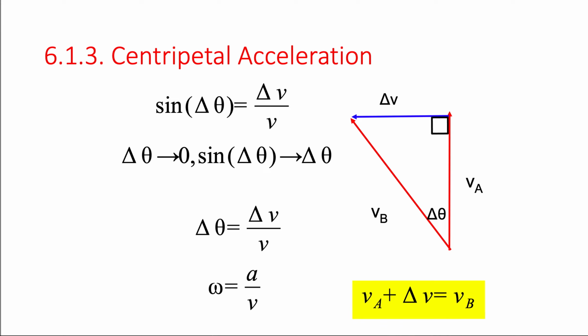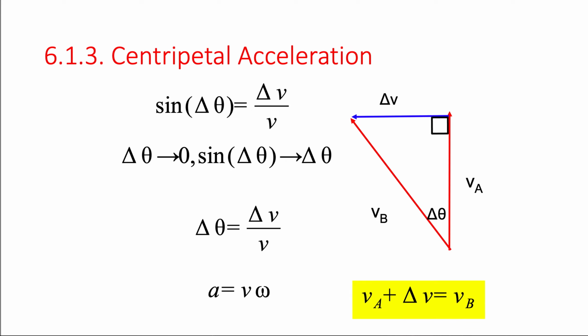So we're left with omega equals a, the acceleration, divided by v, the speed, or the magnitude of the velocity. Then I can rearrange this to get a, the acceleration, equals v times omega. This is our derivation of the formula that we use for the centripetal acceleration of a body.